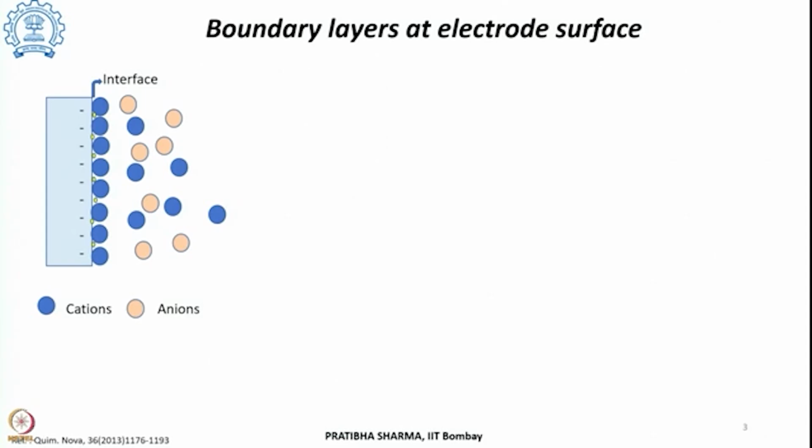Now when we look at the electrode and electrolyte interface, at this interface there are differences occurring due to the surfaces. One is a solid surface, the other may be a liquid or a solid surface.